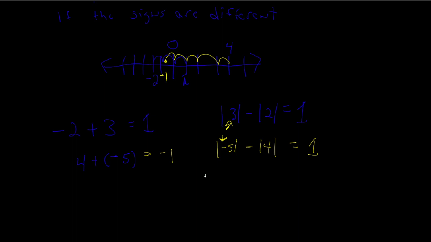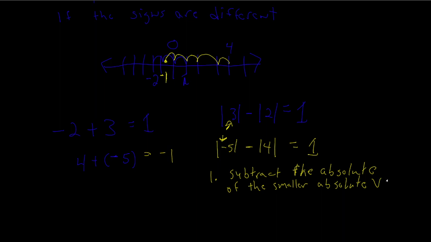So if we're adding two numbers and the signs are different, you subtract the absolute value of the smaller number, smaller absolute value, from the larger absolute value.